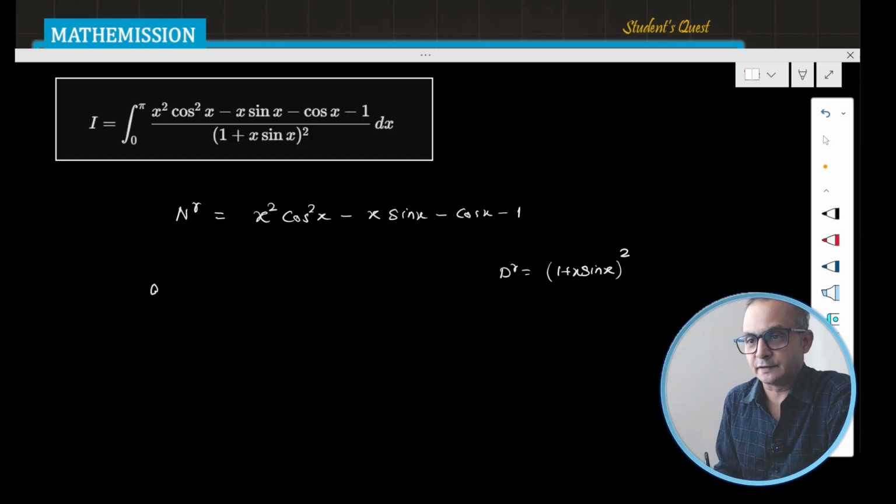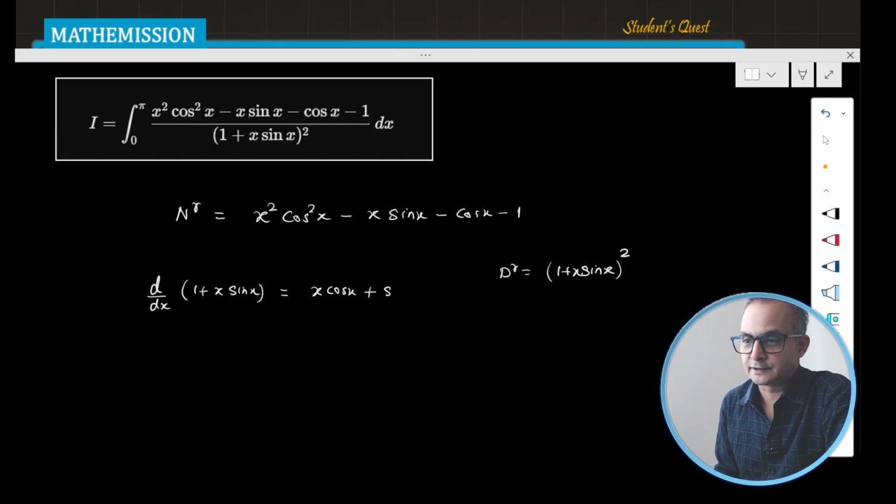So observe this thing. If you try to differentiate 1 plus x sin x only, what I'm getting is x cos x plus sin x. And this x cos x is the hint how to proceed. So x cos x, you can see it is here, but it needs only one factor.